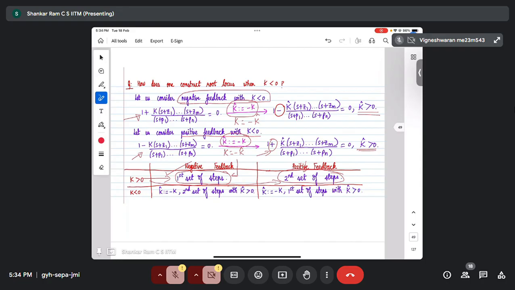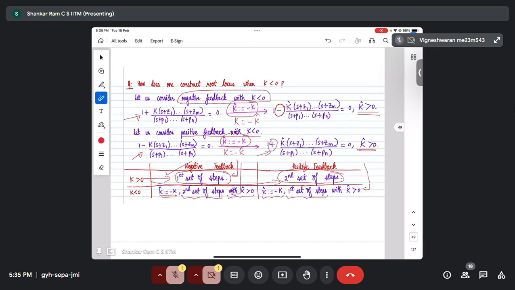Now, as we learned just now, if we have negative feedback with negative K, we substitute K hat to be minus K, and we follow the second set of steps for an equivalent positive feedback system with positive K hat. We construct the root locus. Then if we have positive feedback with negative K, we once again substitute K hat to be minus K, and we follow the first set of steps with positive K hat.